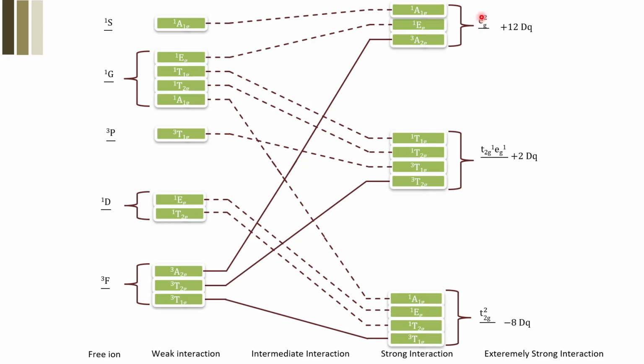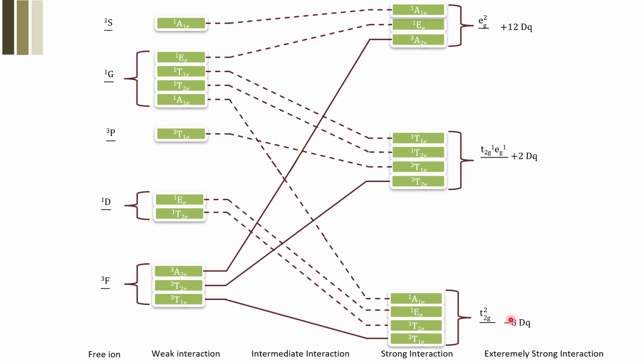Now this is extreme in terms of energy. So T2g2 has 2 electrons in the ground state, while the other configurations have either 1 electron in the excited state and 1 electron in the ground state, or both electrons in excited states. That is the order of energy displayed here.